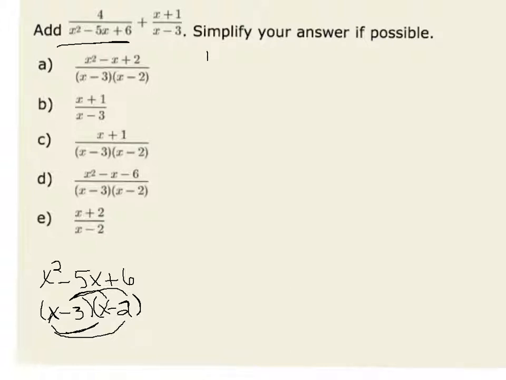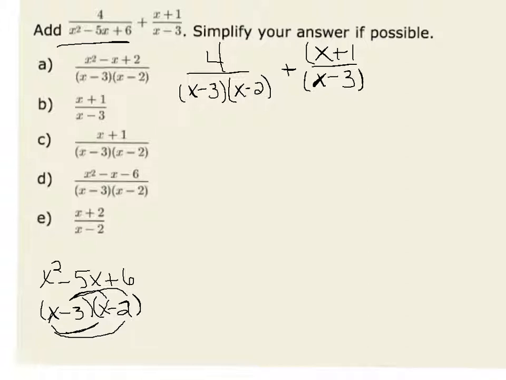Therefore, my first rational expression is equivalent to 4 divided by the quantity of x minus 3 times x minus 2, and I'm adding that to the rational expression x plus 1 all over the quantity of x minus 3. One thing that might help me is to put both the numerator and denominator of the second rational expression in parentheses.